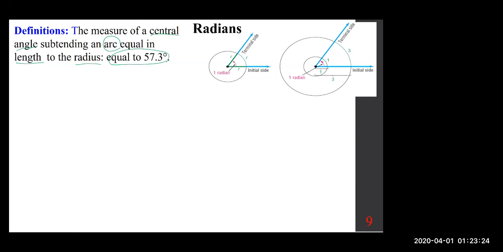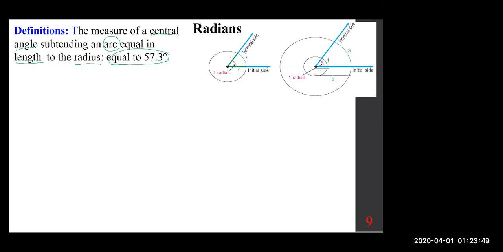So it doesn't matter how large the radius is. You could come up with an arc having an equal length, and that would be the same measurement in radian. So 1 radian is equal to the arc length.